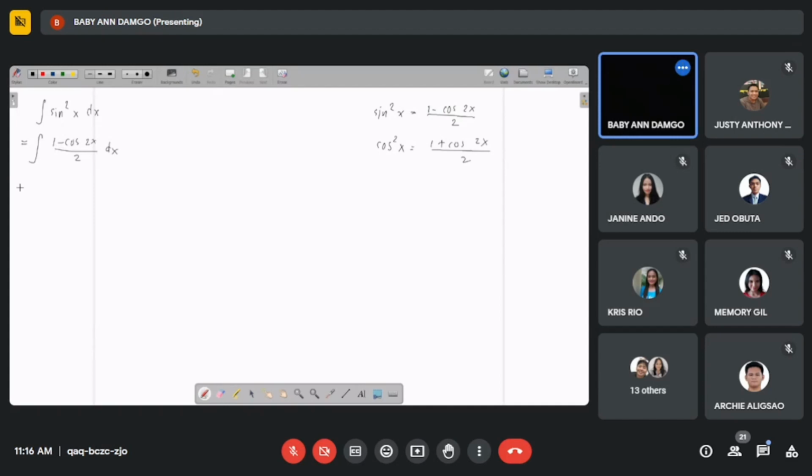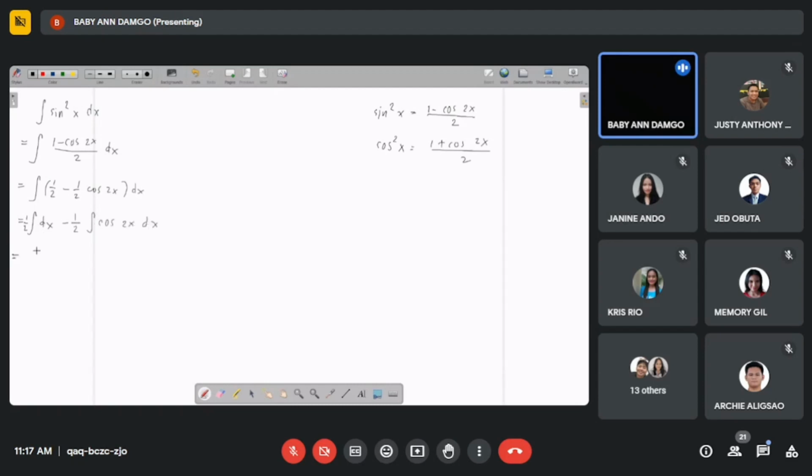Okay, so simplify. This equation can be written as the integration of 1/2 minus 1/2 cosine 2x dx, which is equal to 1/2 dx, because 1/2 is a constant with respect to x, so we can move it. Pwede na siya mapagawas sa integral, and then we have minus 1/2 integration of cosine 2x dx.